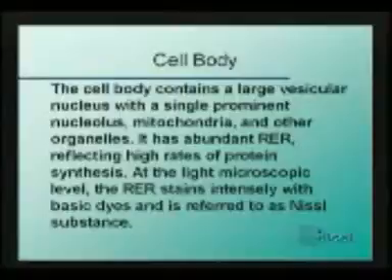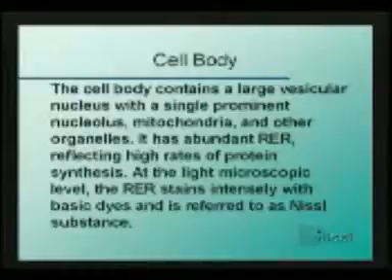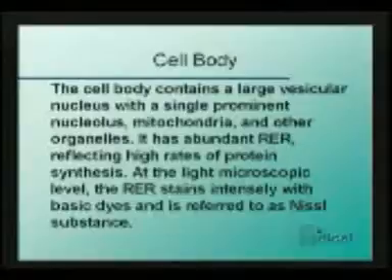We've indicated that a typical neuron contains an array of membrane and non-membrane bound organelles typical of any eukaryotic cell. It's going to have a prominent nucleus with a prominent intracellular nucleolus, mitochondria, endoplasmic reticulum, and so on and so forth.